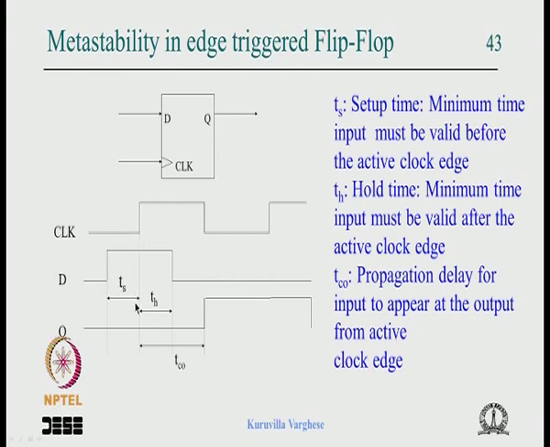Okay. Now the clock edge comes, and because of the inverters in the clock path it takes some time to cut off the input. During that time nothing should happen to D, otherwise the master latch will be upset. Upset in the sense the value will be upset. So there is a hold time which is equal to the inverter delay in the clock path. So that is the hold time.